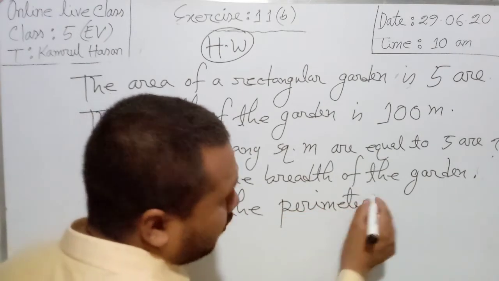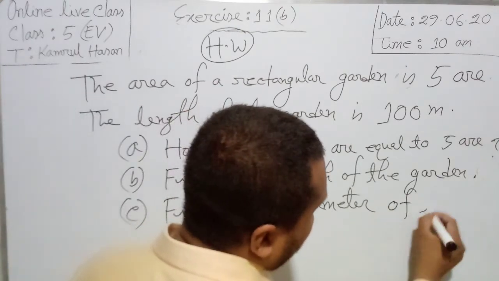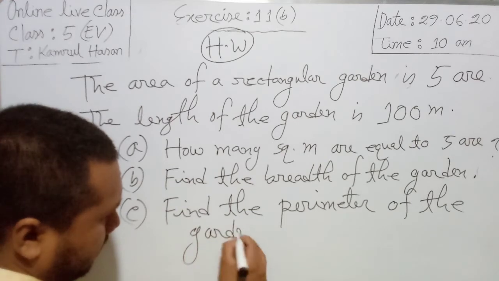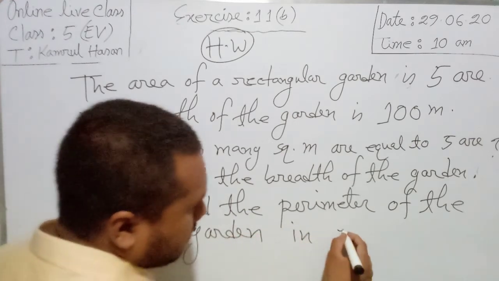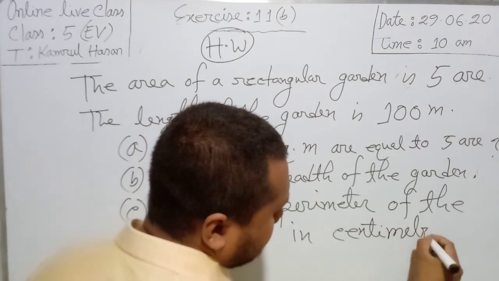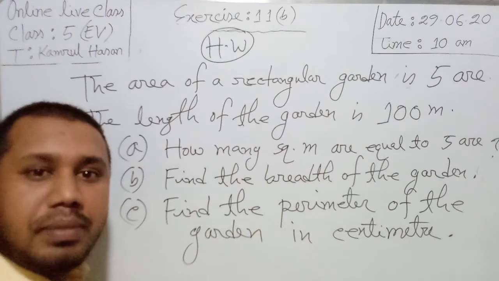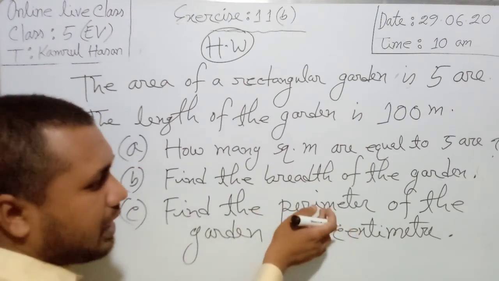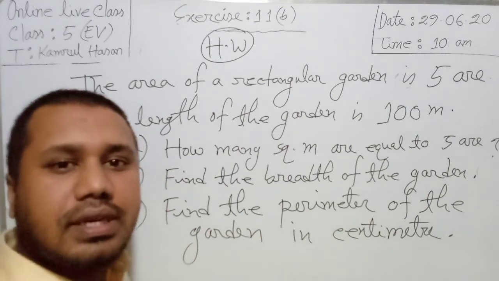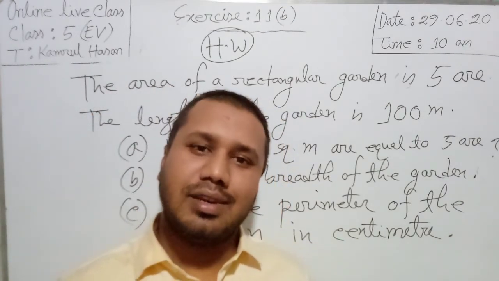And we know what is the formula of perimeter. This is the rectangular garden. Find the perimeter of the garden in centimeter. Look, the information is given in meter. At first you find the perimeter as meter, then convert this meter to centimeter, because we know 1 meter equals 100 centimeter.